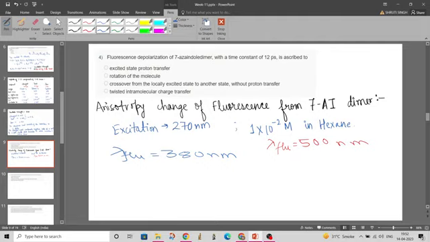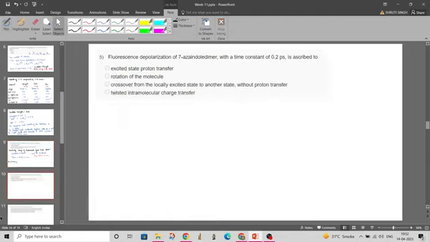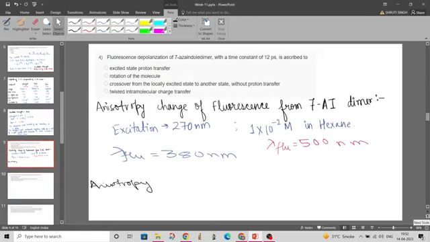Okay. So the anisotropy... the pen is not writing. Now it's fine.